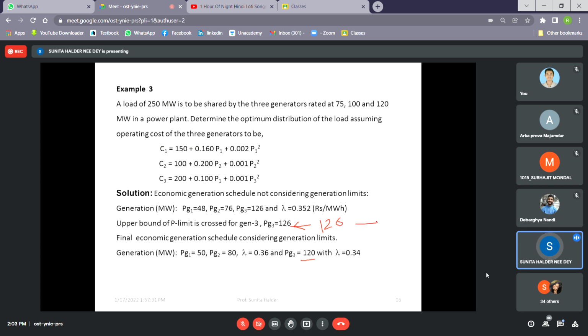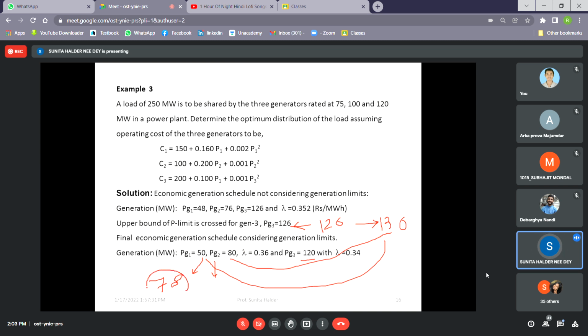So the remaining is 130, and 130 is distributed between this 50 and 80. Now it could happen that, due to this 130, this becomes 78, and the other becomes the remaining, whatever it is, 130 minus 78.